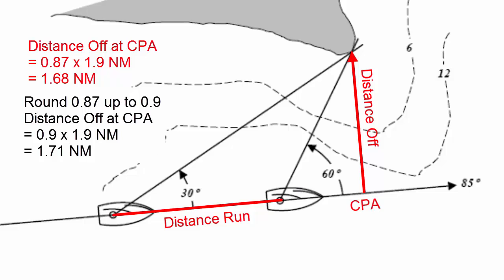This can be simplified for expediency by rounding 0.87 up to 0.9 and calculating distance off at CPA by mentally multiplying 0.9 times the distance run during the time between the two bearings. This expedient approximation, 1.71 nautical miles for CPA, is fairly close to the previously calculated CPA distance of 1.68 nautical miles given in the first example of this video.